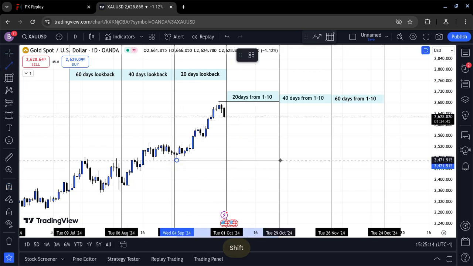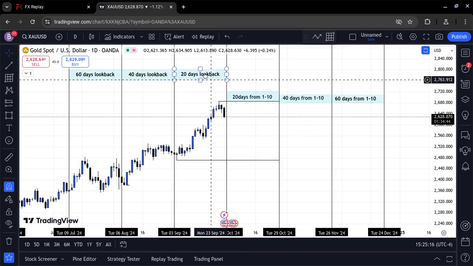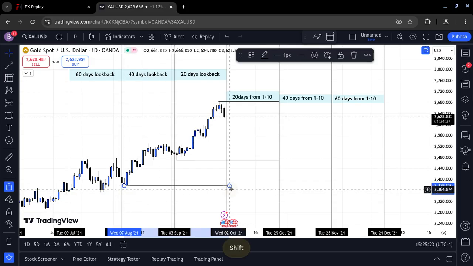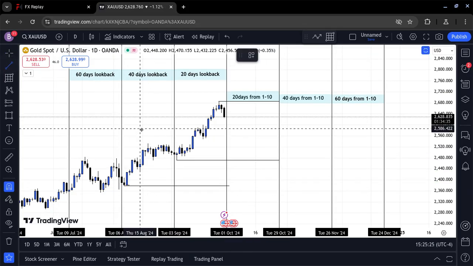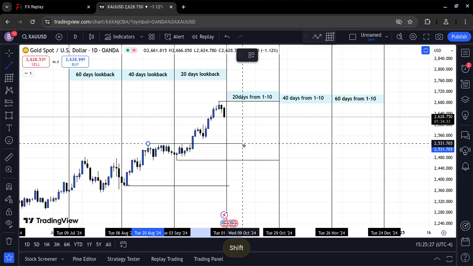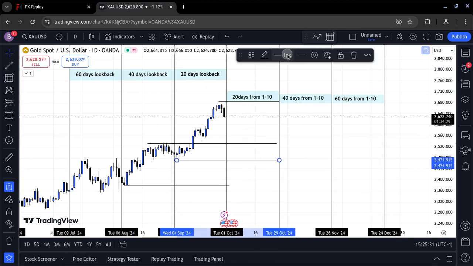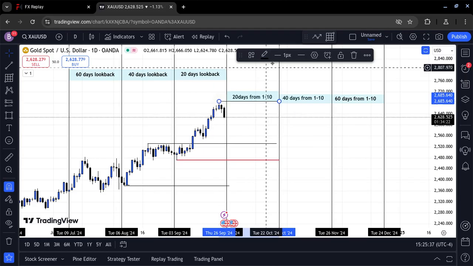This is the lowest low and the highest high of the 20 days look back. Okay, if you go back 40 days, this is your low of 40 days, and this is your high of previous 40 days. Let me make this line a little bit darker. I'll put it red, so the red color is for 20 days.